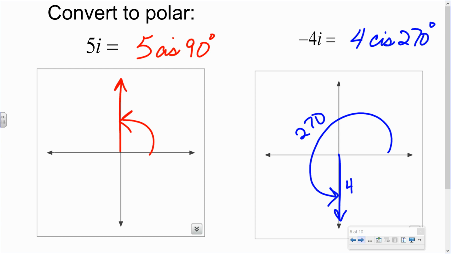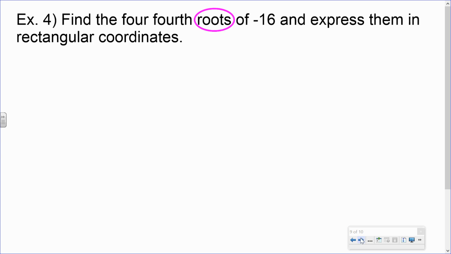Plus 4. Because if my angle is 270, if I put the minus 4, that's going to flip it and it's really going to be going straight up. And that's different from this problem. So when you are doing these that have minuses on them and you're taking roots, this is always going to be a positive thing you're taking a root of. So keep that in mind.